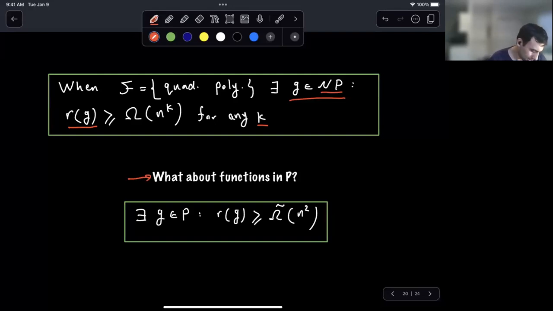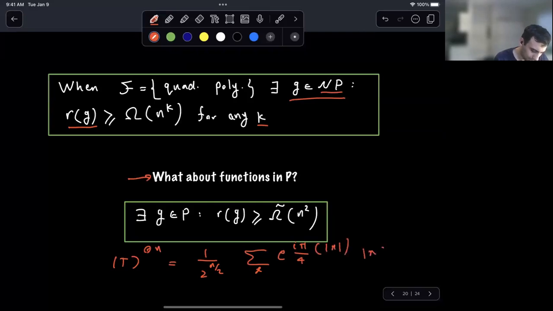The reason is that you should look at this T state in the computational basis. It's 1 over 2 to the n/2, sum over x, e to the i pi over 4 times the weight of x. And this is something that you can find in polynomial time. Actually, in linear time, you can find the weight of x.